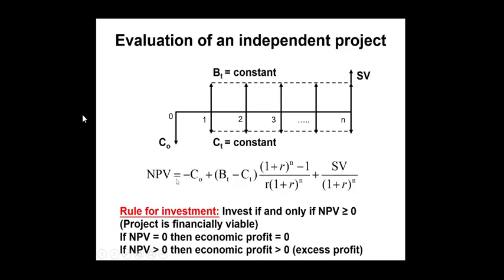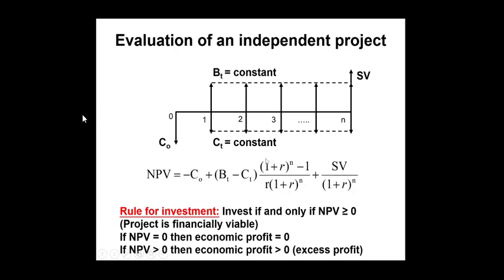NPV equals minus C0 plus Bt minus Ct times the factor.